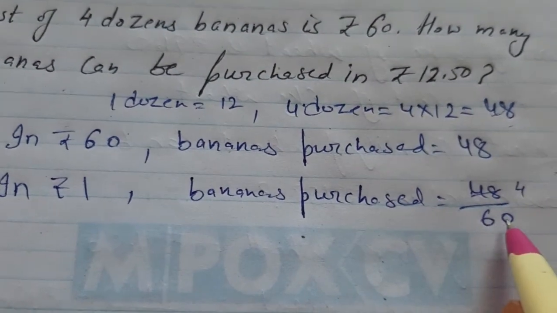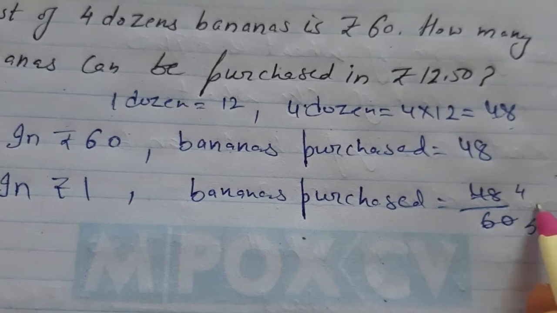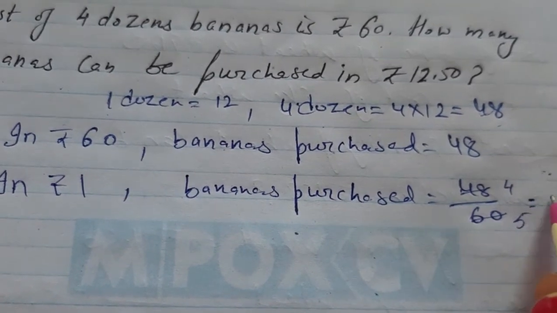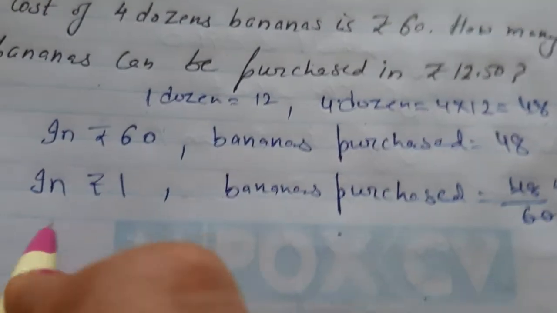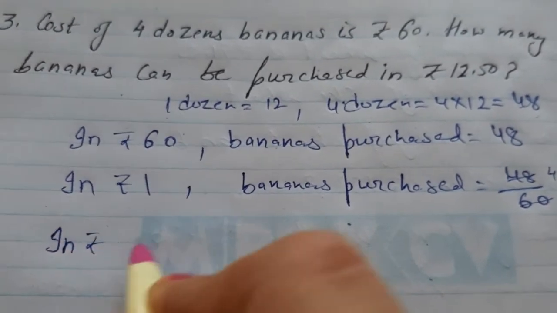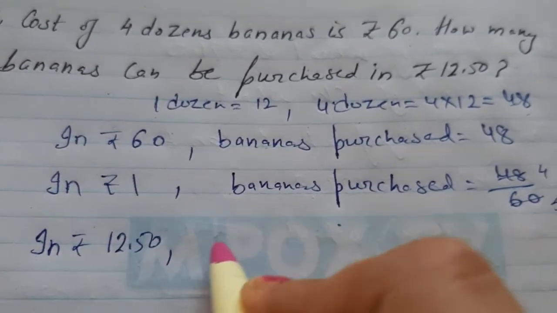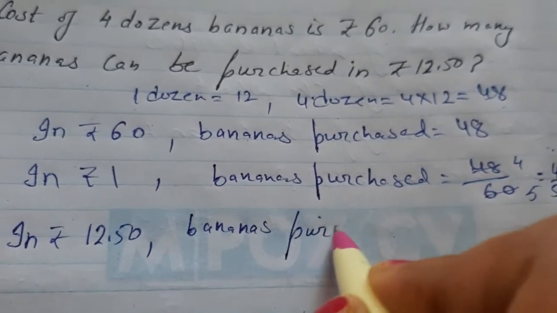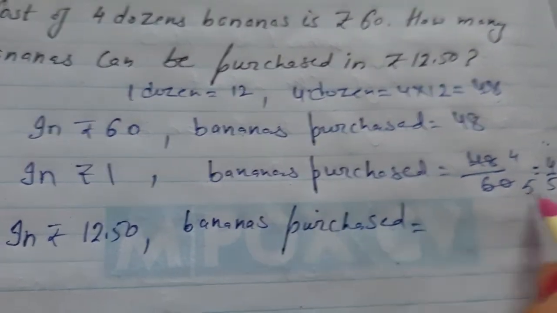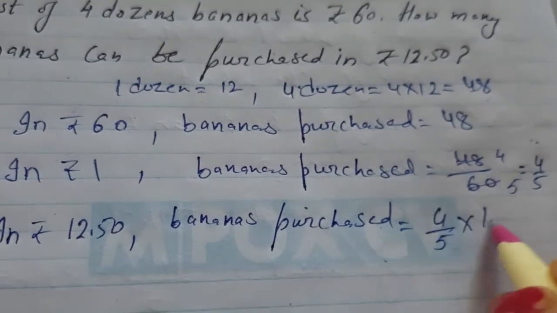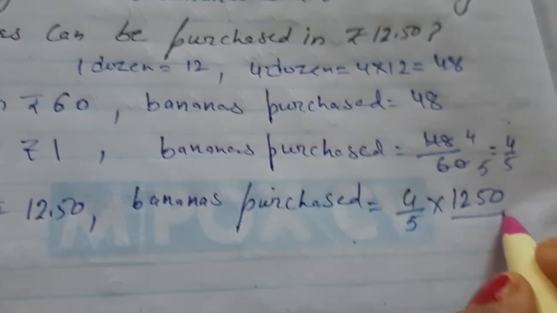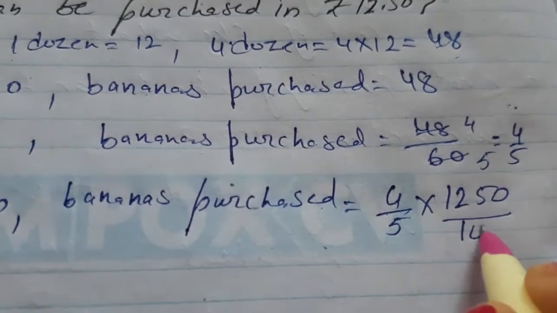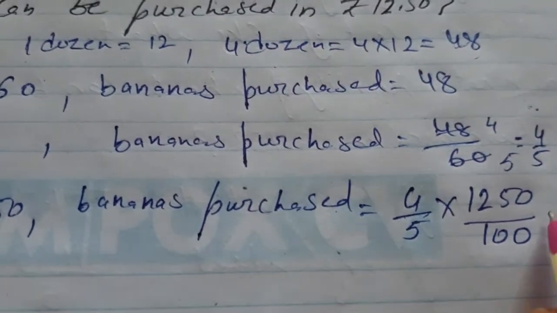12 fours are 48 and 12 fives are 60. 4 by 5. Now in rupees 12.50 bananas purchased, that will be 4 by 5 into 12.50. I am removing the decimal here and putting 100 in the denominator.